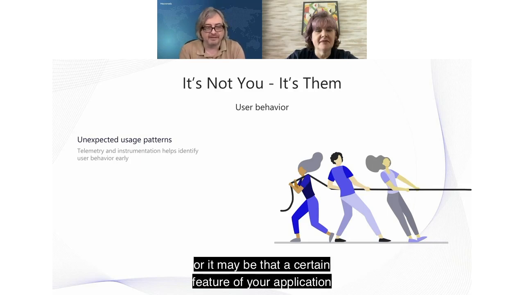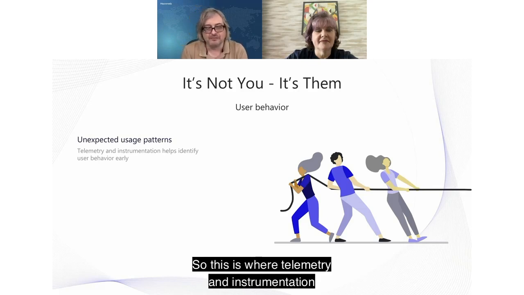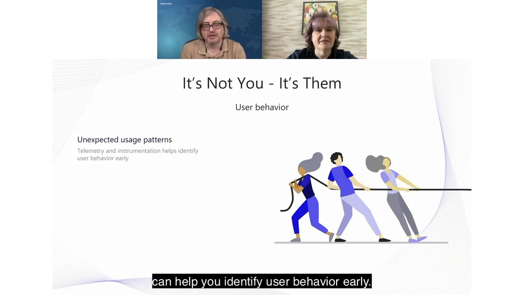Or it may be that a certain feature of your application is very popular and you didn't expect that, right? You thought it would get not very much use, and so maybe it wasn't architected in as scalable a way. So this is where telemetry and instrumentation can help you identify user behavior early.